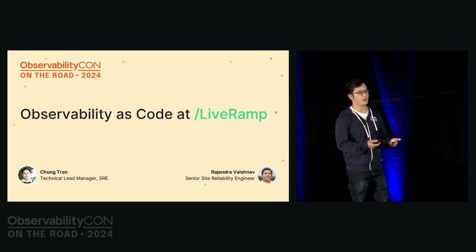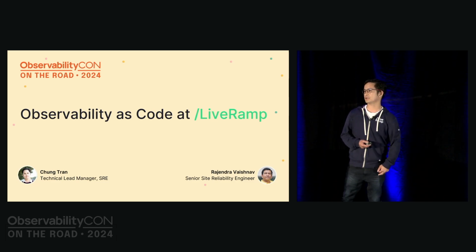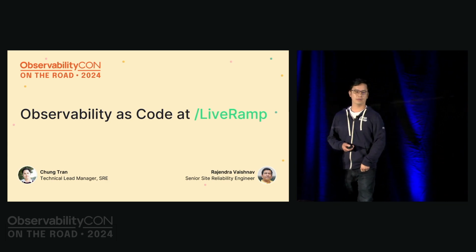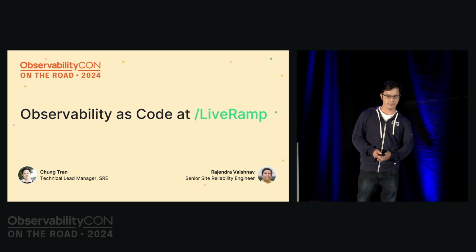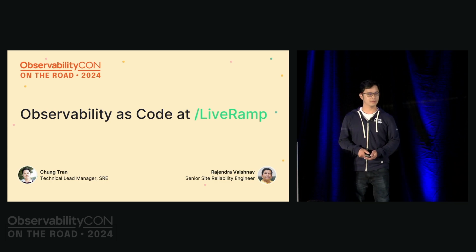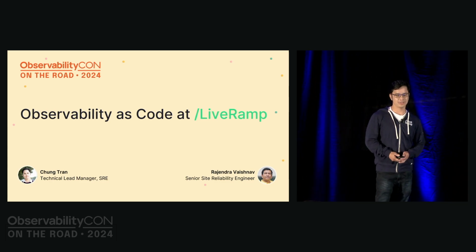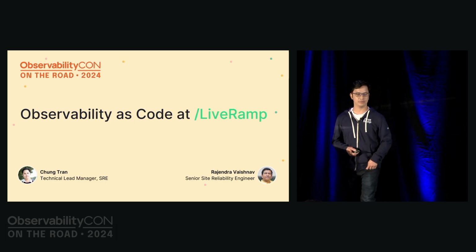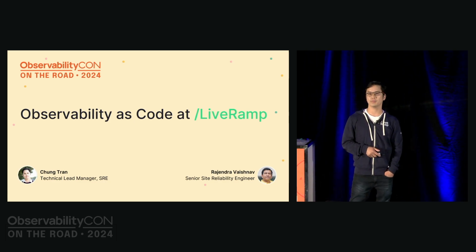So before I jump into and talk about observability as code at LiveRamp, I want to tell you what LiveRamp is. So LiveRamp is the data collaboration platform of choice for the world's most innovative companies.